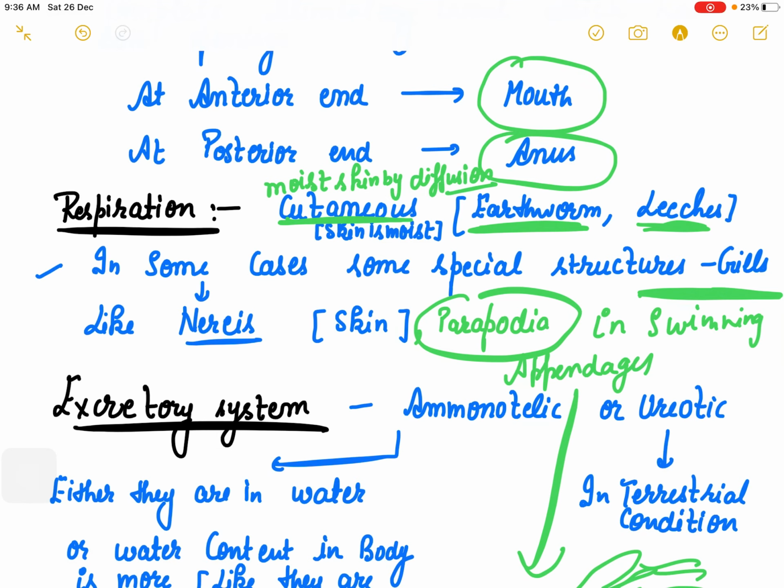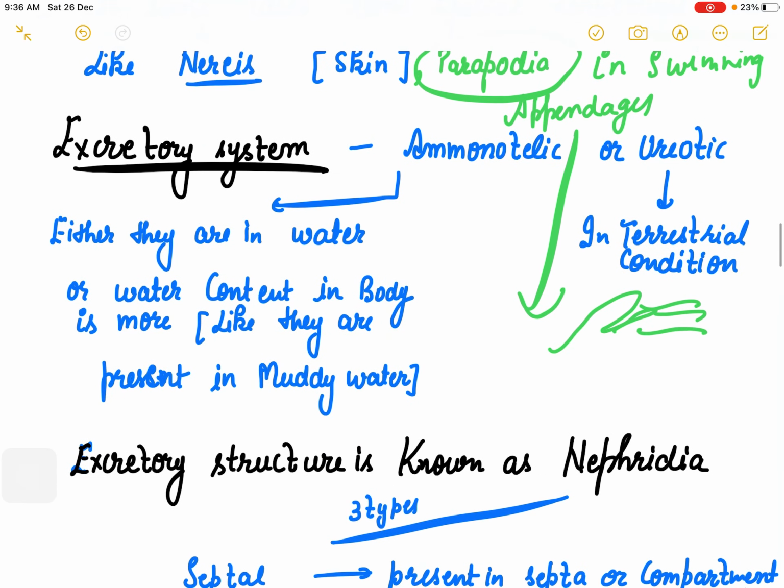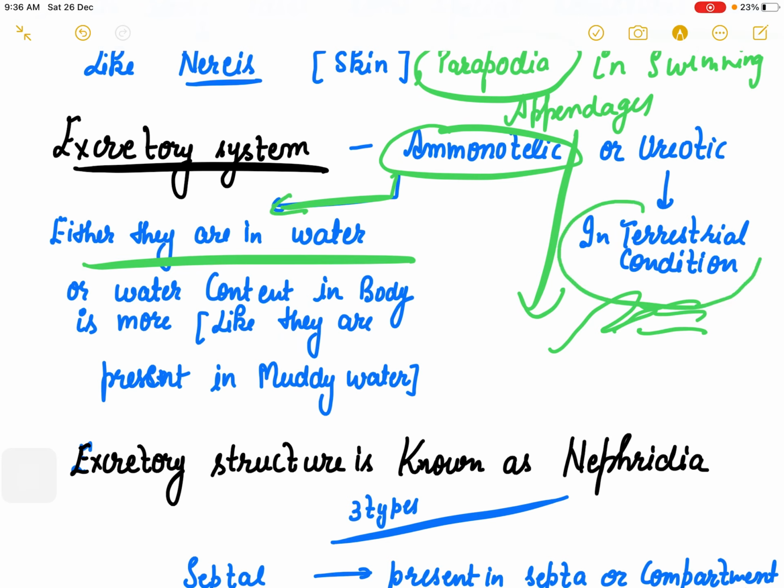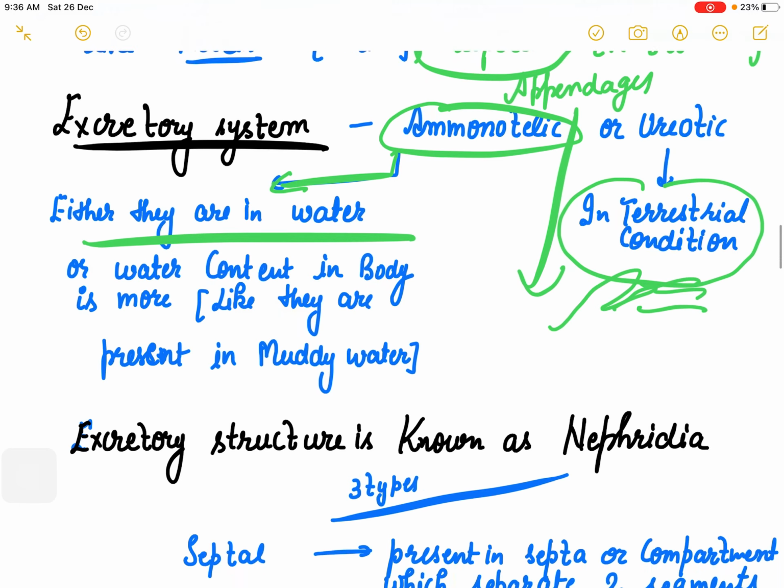Excretory system, they can be ammonotelic or ureotelic. If they have a lot of water, or you can say they are aquatic forms, they prefer ammonotelic, and mostly terrestrial forms follow ureotelic excretory system.